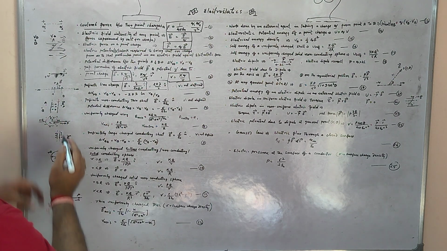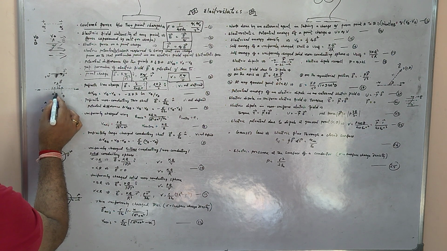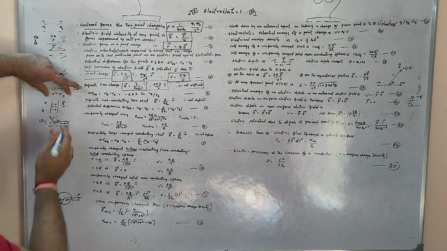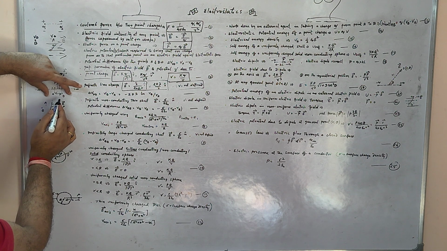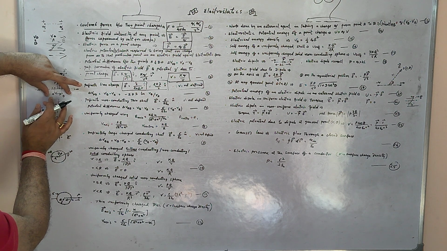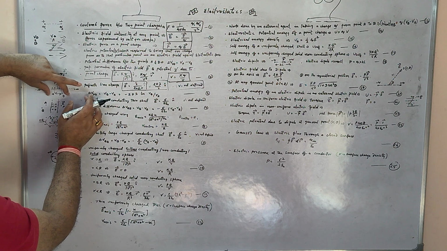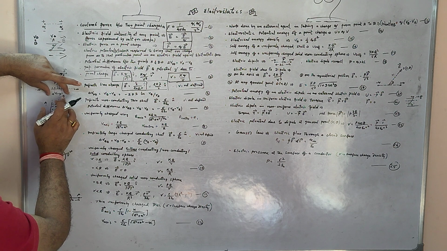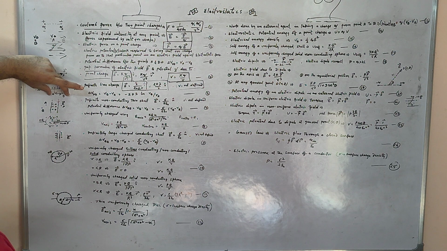Now, if we bring a point charge from A to B, there will be work done to bring charge from point A to point B. And if this is a unit positive charge, then delta VAB will be equal to VB, potential at this point, minus potential at this point, VA.